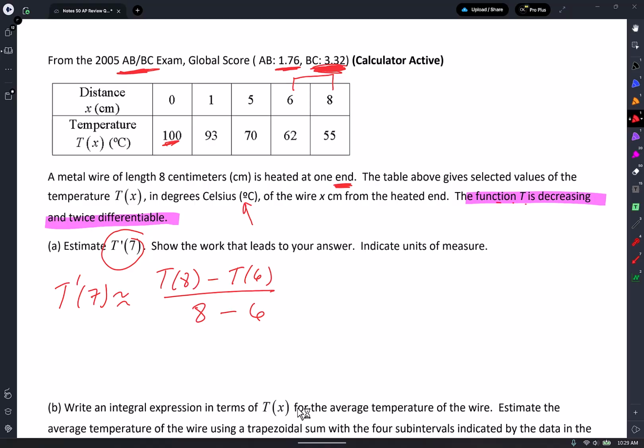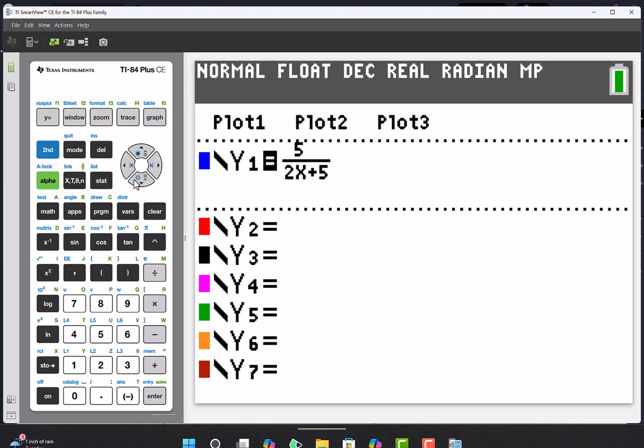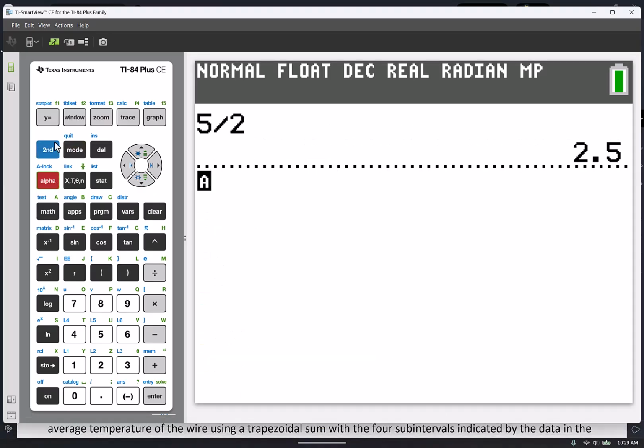You want to use the smallest possible interval. The 7 is between the 6 and the 8. So here we go: 55 minus 62, divided by 8 minus 6. You could leave it like that if you wanted to, but you probably should use your calculator. So -7 over 2.